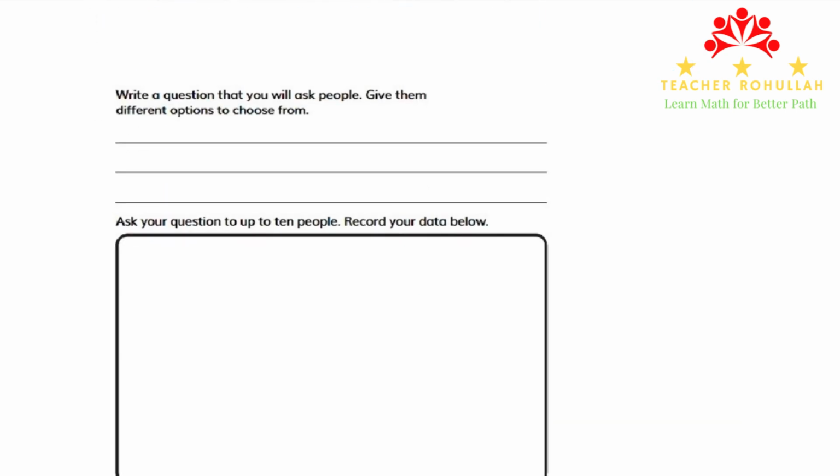The following statement says, write a question that you will ask people, give them different options to choose from. The question that I'm going to ask is, what is the most useful event in the school?